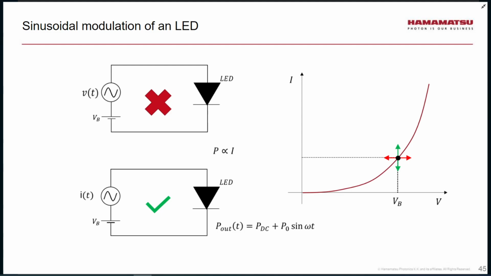You will not get that, because power from an LED is approximately linearly proportional to current, but current for an LED is not linearly proportional to voltage, and so you are going to get a distorted sinusoid. A better approach is to use a floating current source to sinusoidally modulate LEDs; entire devices constructed for this are available in the market.